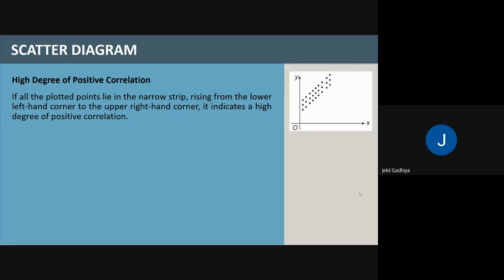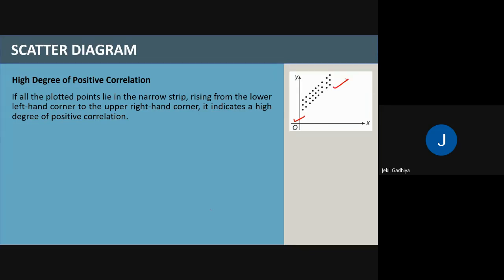Look, perfect positive and high degree are both similar. They increase from the lower left hand corner to the upper right hand corner. But the difference is what? In perfect positive correlation, there is only one line, whereas in high degree positive correlation, there is a strip like this, and it is from lower left to upper right.